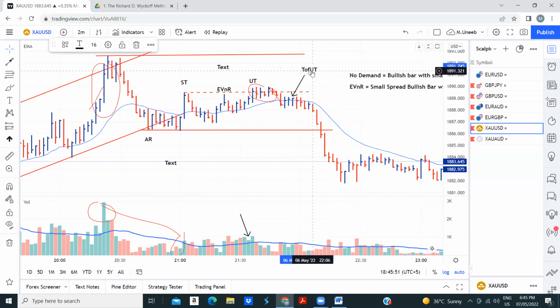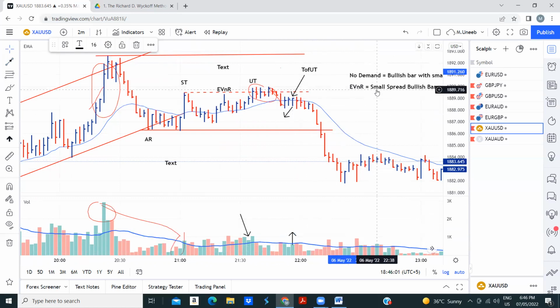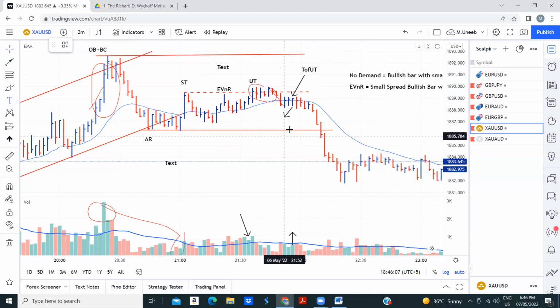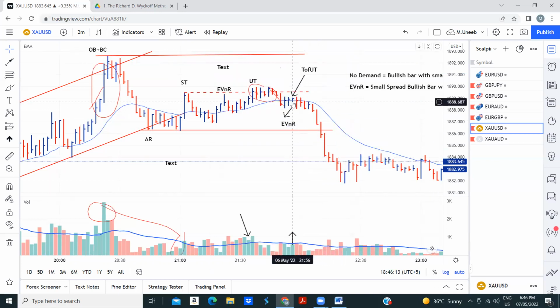And what do you see on the test of upthrust? This bar here. Can you tell me what kind of bar this is? We call it EVNR, effort versus no result. Why? Because the spread of this bar is the same, but volume is high. Can you see? This is effort versus no result.